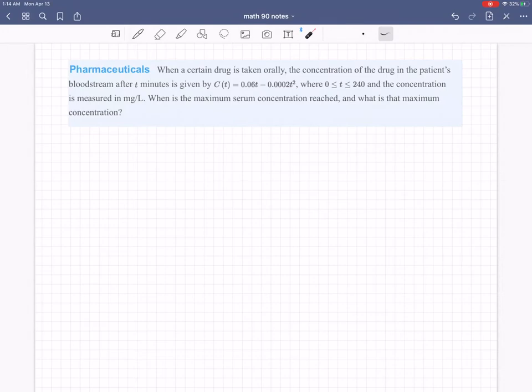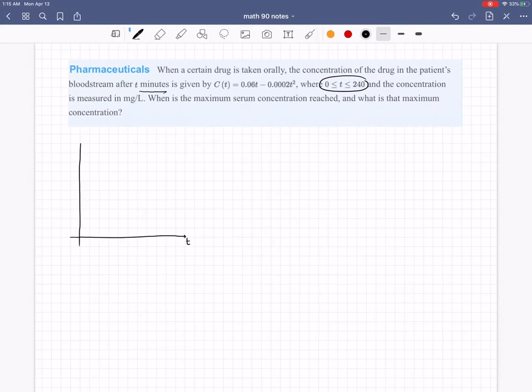So the first thing that I would like to do is graph a really basic graph here. So first of all, notice we are told that we're only looking at time between 0 and 240 minutes, right? So our patient takes this drug, and we're looking at the concentration of the drug in their bloodstream for 4 hours.